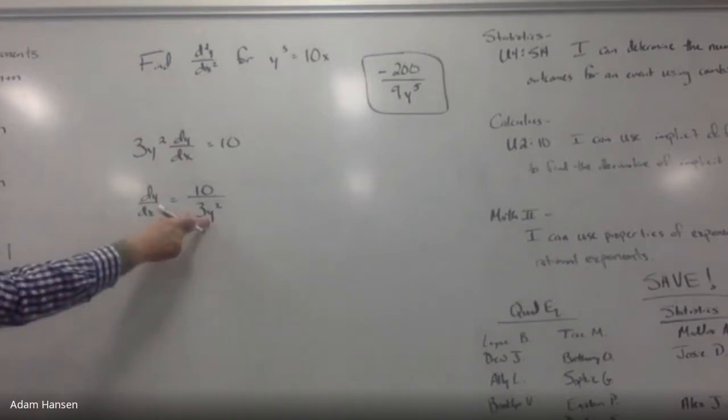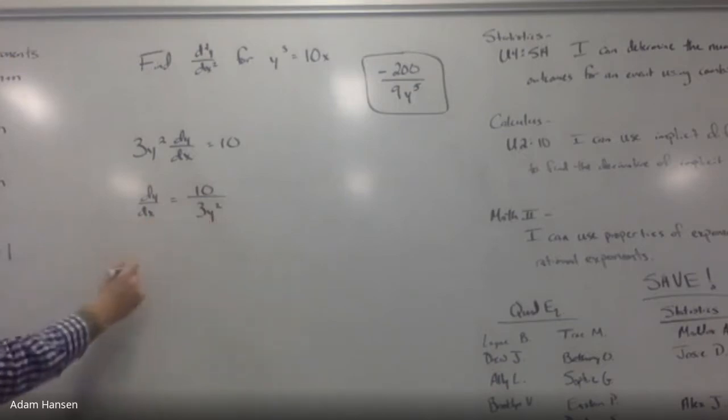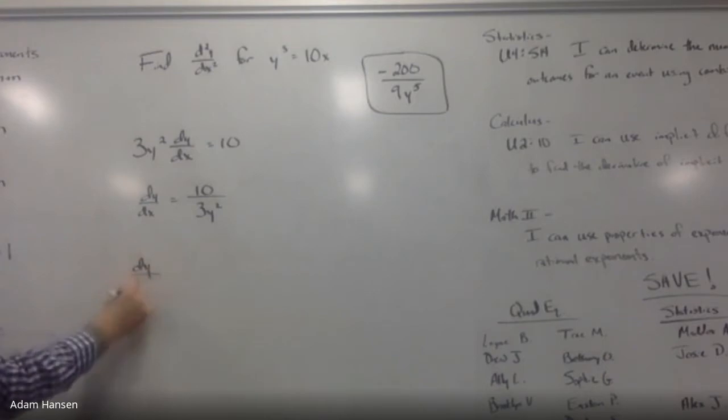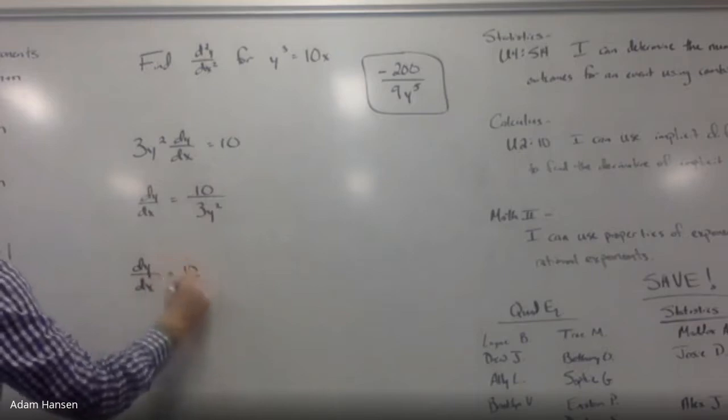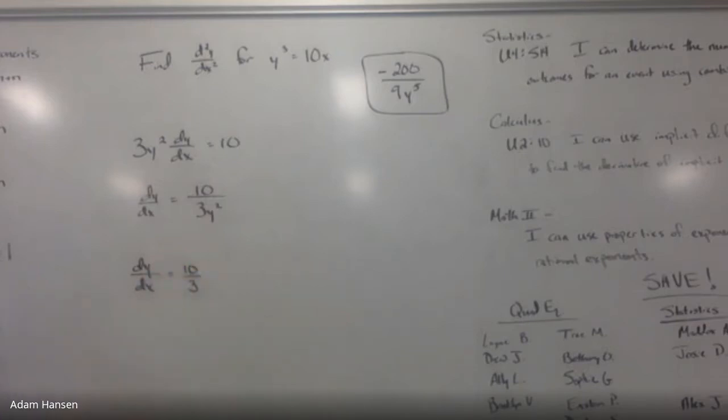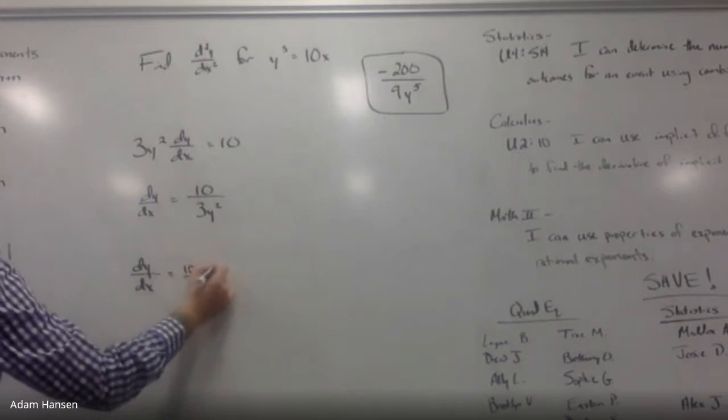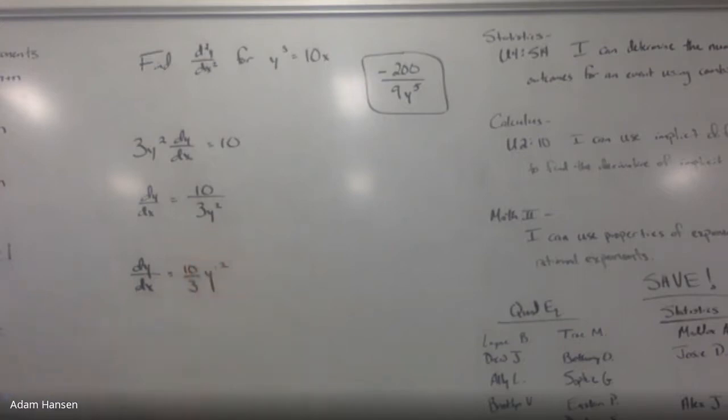I have a y squared in the denominator. How could I rewrite that? How can I get rid of that y squared in the denominator if I bring it up to the top? It'd be y to not the second power, but the negative second power. And now I can use power rule instead of quotient rule.